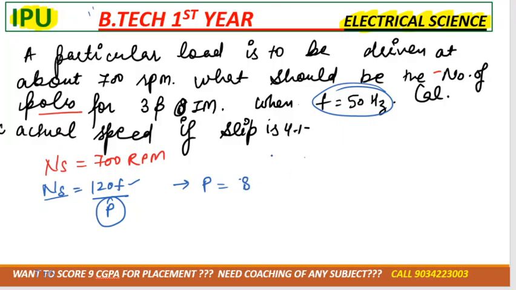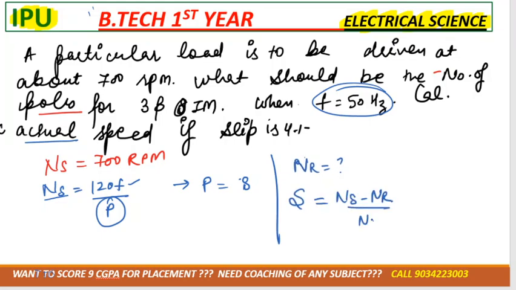Consider that, and after that they said calculate the actual rotor speed, calculate nr, that is ns minus slip times ns. The slip value they have given is 4%, so we can get the nr value, right?